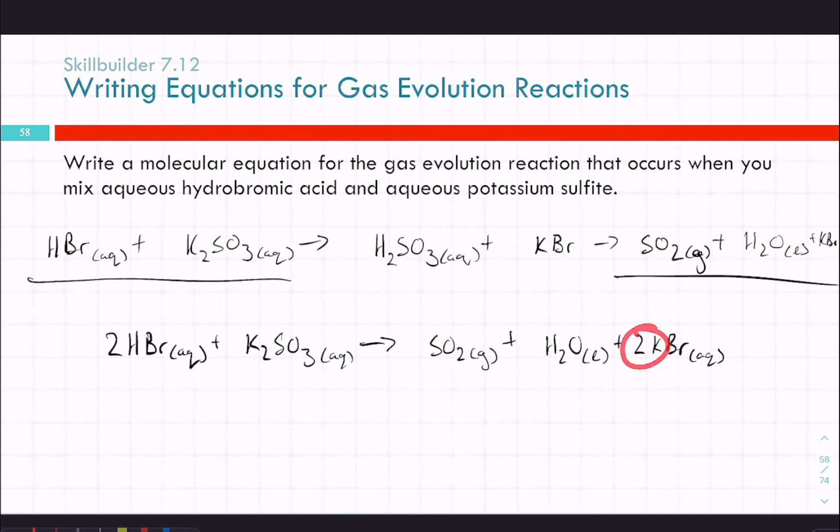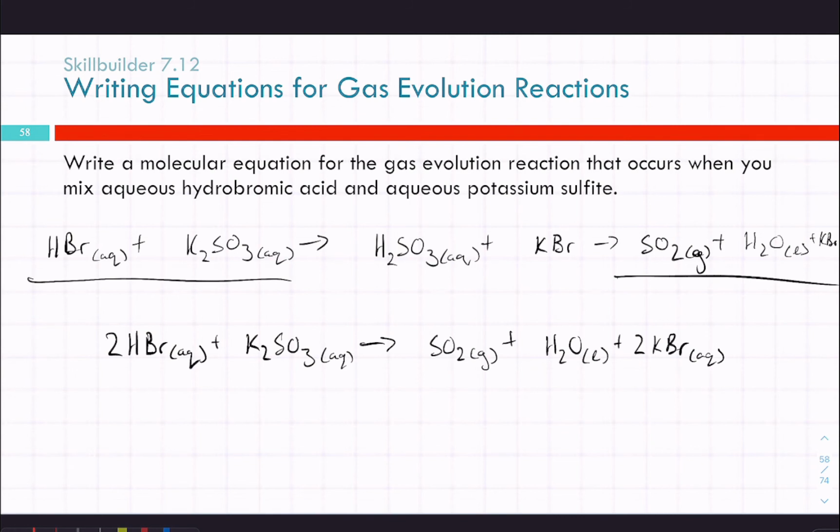So 2 potassiums, 2 potassiums. Then I'm going to look at sulfur. We have 1 sulfur in the reactants, 1 in the products. And then oxygen, we have 3 in the reactants and a total of 3 in the products. Because ultimately it is the individual atoms that you want to balance. For all the other reactions, except oxidation reduction reactions, it's easier to leave them as groups in the case of polyatomic ions.